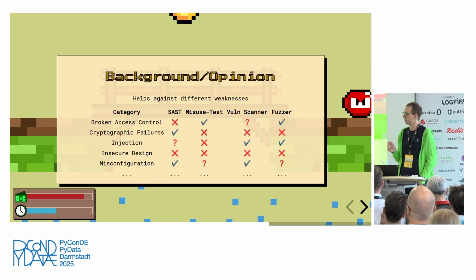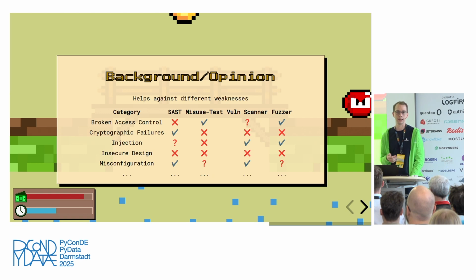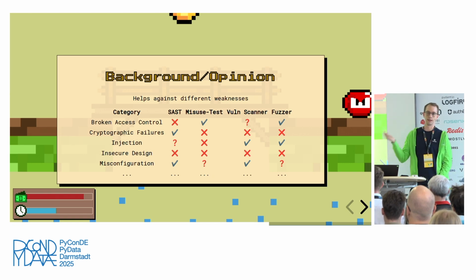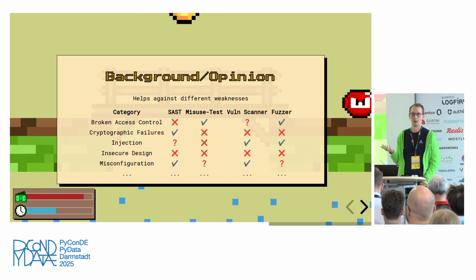Other things, like injections or misconfiguration of the entire runtime, are something that a vulnerability scanner testing the actual running artifact might find more easily. Misuse cases are also very nice because you can write your very own cases, but of course you will only think about stuff that you already know you have to think about.